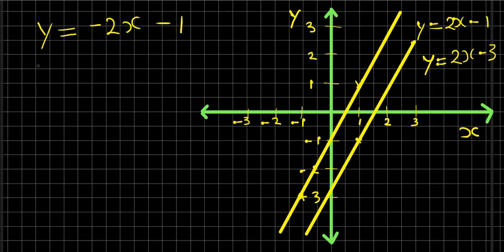If we plot this straight line, when x is 0, y is minus 1. Let's see, when x is 1, y should be minus 3. Let's plot the straight line on our graph.